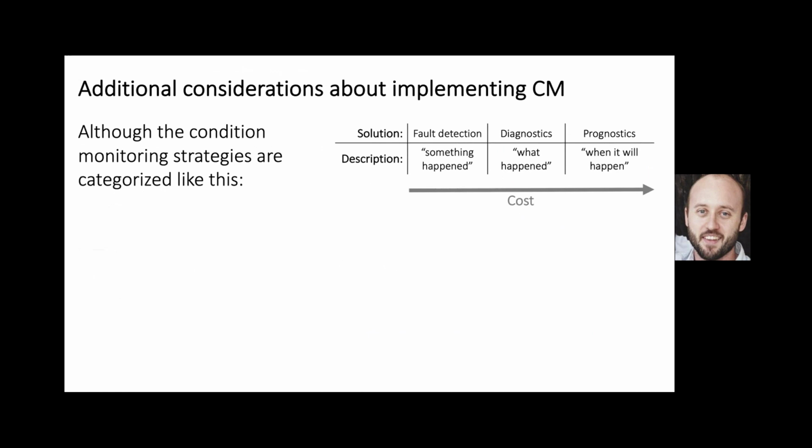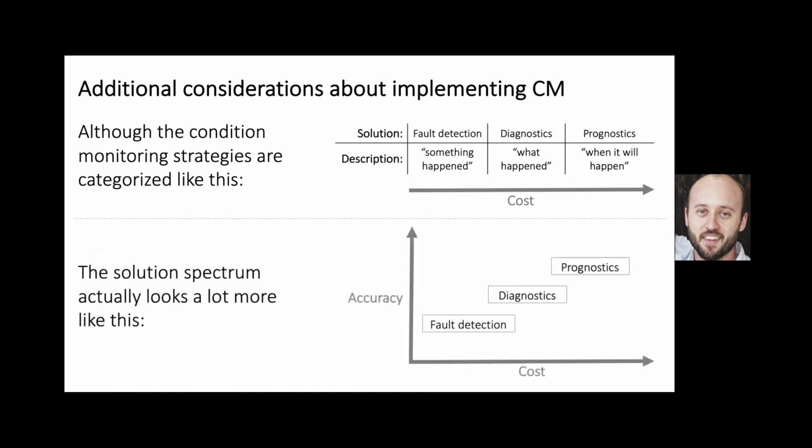However, this compartmentalization isn't often this clean in practice, and we're going to usually have overlap. So when we're looking at lower cost fault detection solutions, the something happened could just be simply a change in vibration state, but it might not necessarily have the high level of accuracy that we want it to have.